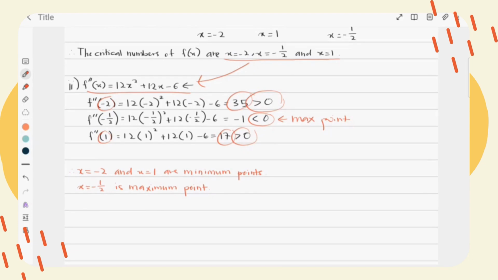So we move to the next question, which is to find the interval on which f(x) is increasing or decreasing. Okay. So if you want to know how to find the increasing or decreasing interval, we can use the first derivative and the critical numbers that we got in question 1 just now.